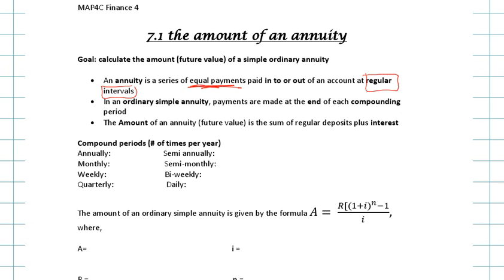Now the compounding period is the same as what we have been talking about before. If it's annually, it's once a year, so it's 1. If it's monthly, how many times would that be? 12.